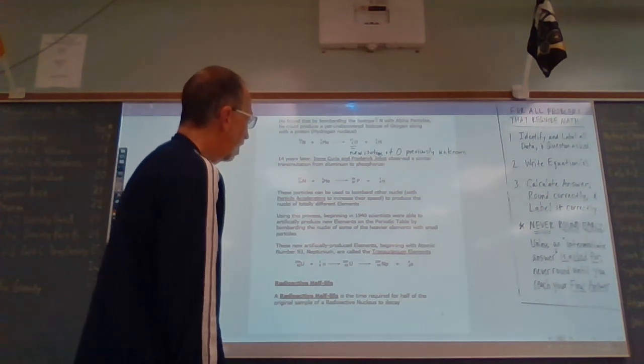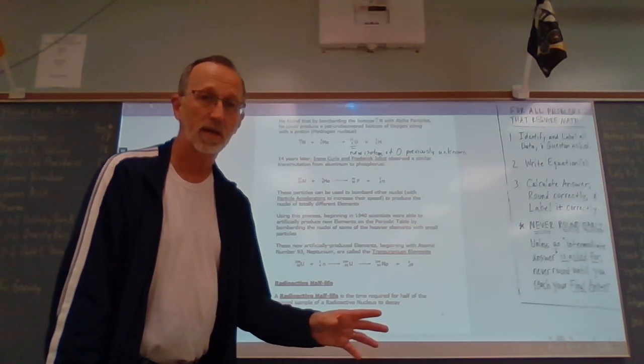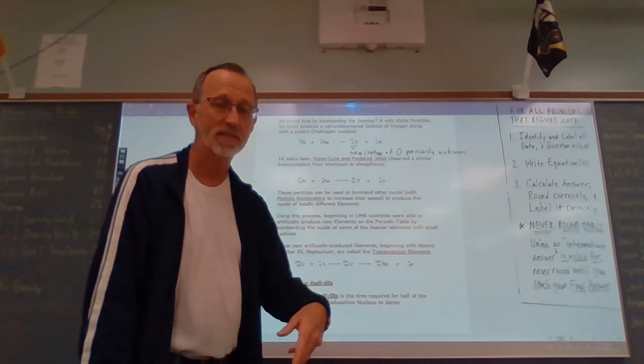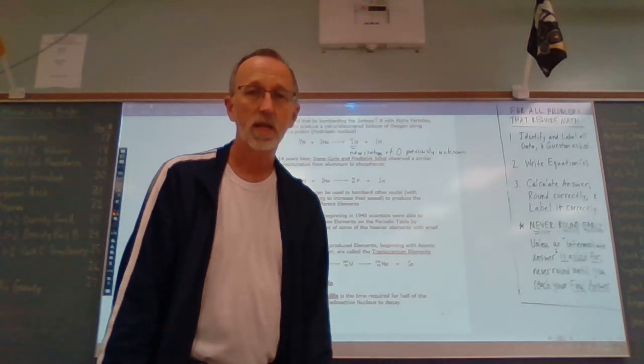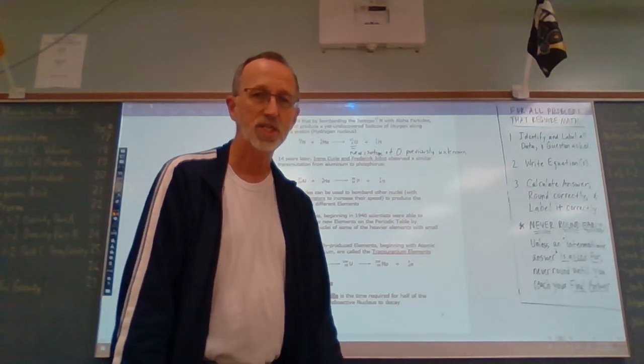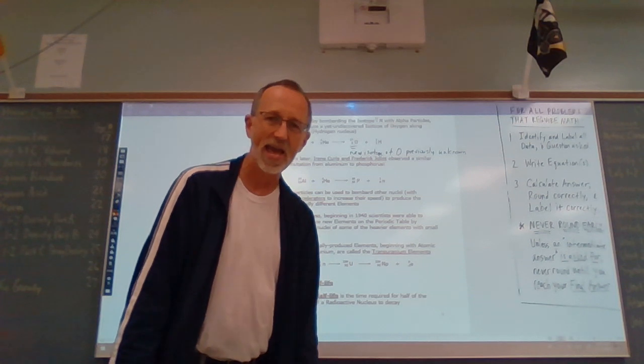14 years later, Irene Curie and Frederick Joliot, this is Marie and Pierre Curie's daughter, who followed in their footsteps. Remember, the Curies passed away, Marie due to radiation poisoning, and her husband died in an accident.